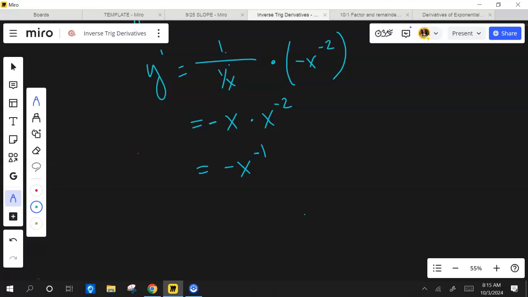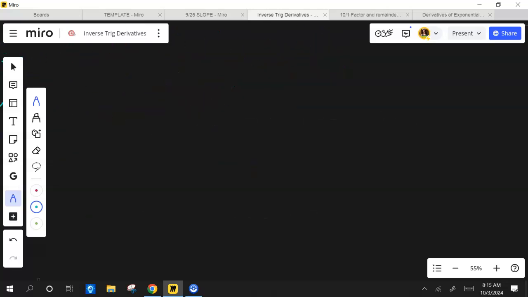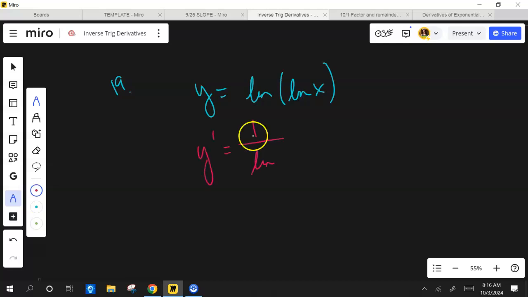All right. This is a double chain. This is a double chain. 1 over the log of x. All right, listen. 1 over the log of x, because that is the derivative of this.